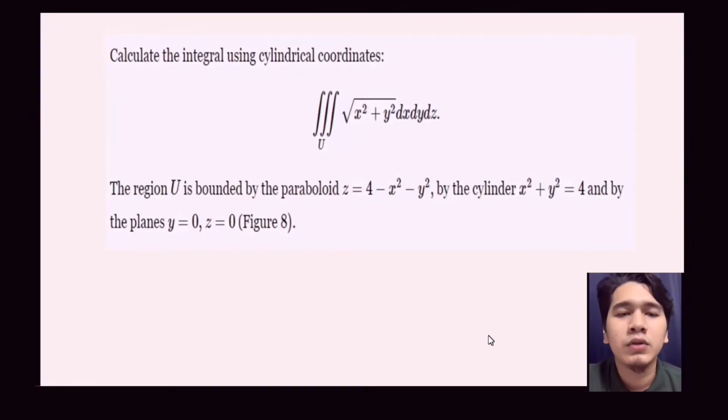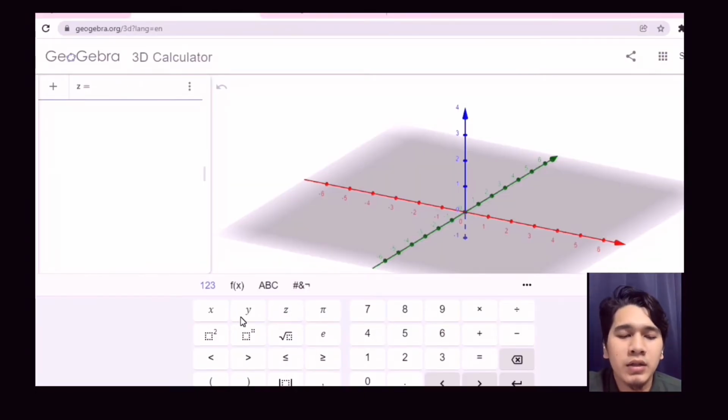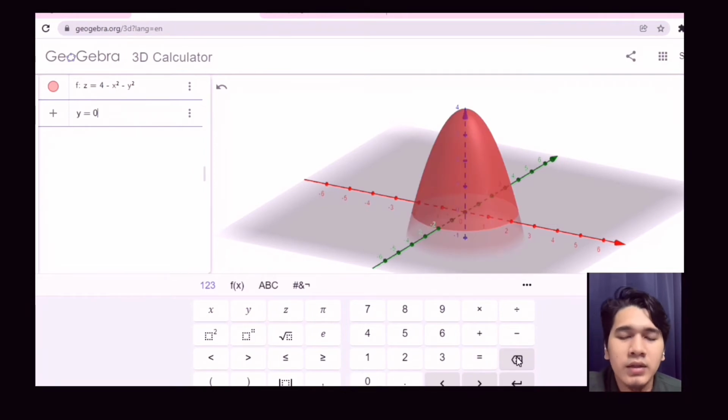Calculate the integral using cylindrical coordinates. From this question, the region U is bounded by the paraboloid z equal to 4 minus x square minus y square, the cylinder x square plus y square equal to 4, and the planes y equal to 0 and z equal to 0.